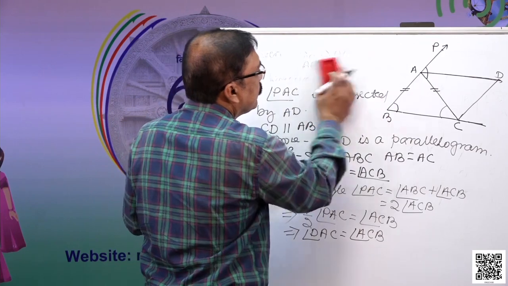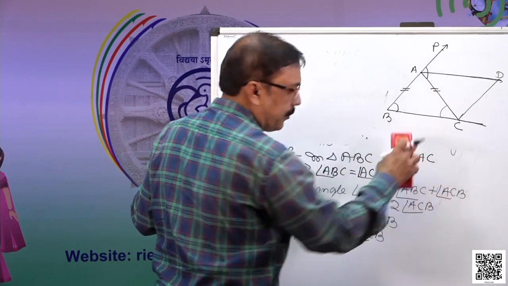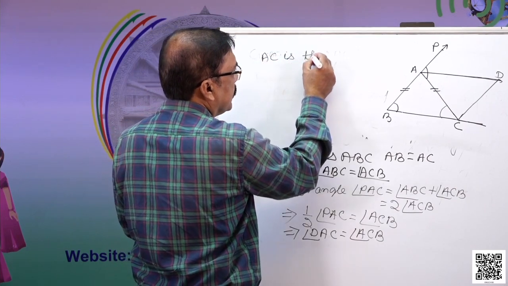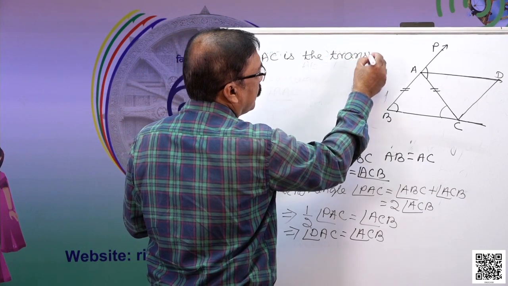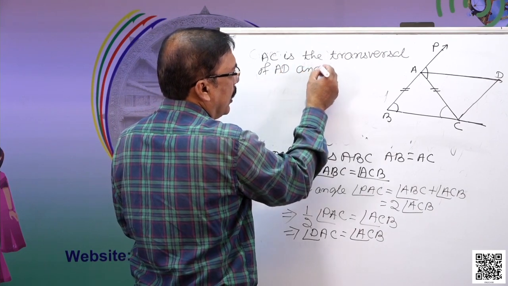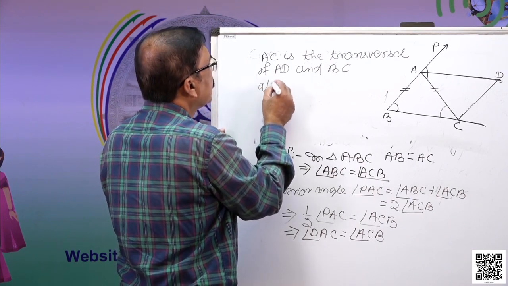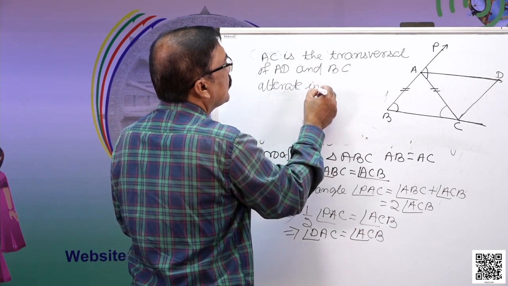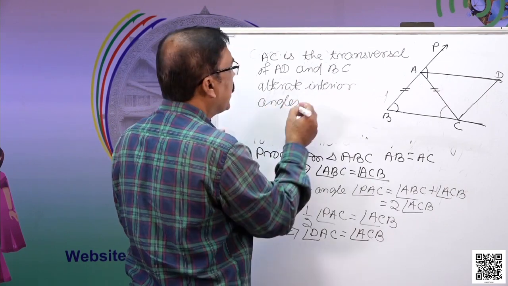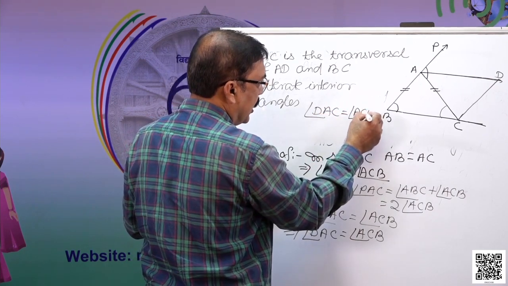Now, you see AC is the transversal of AD and BC, and alternate interior angles, which are alternate interior angles, DAC is equal to angle ACB.